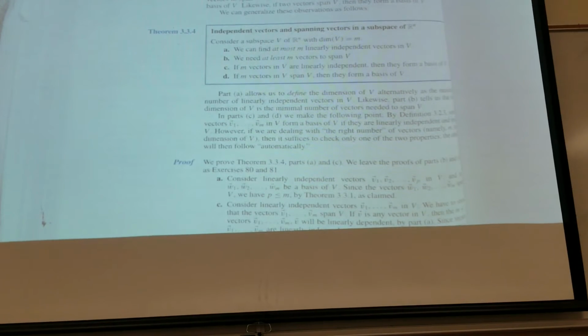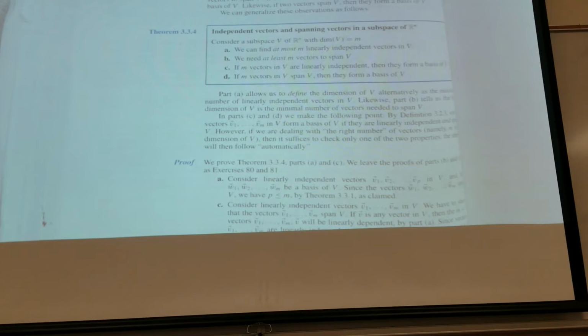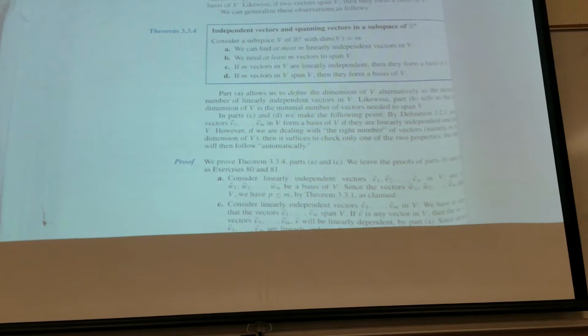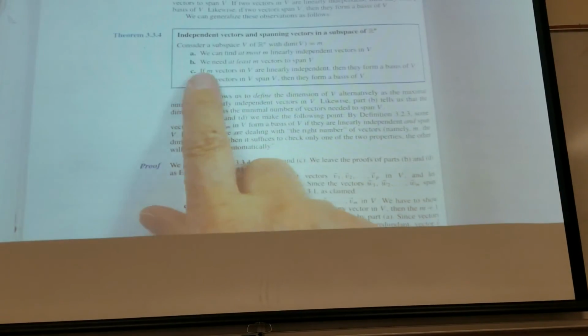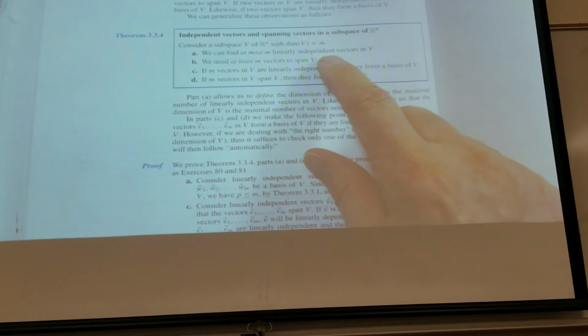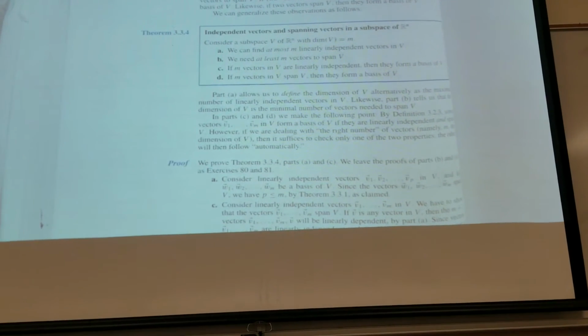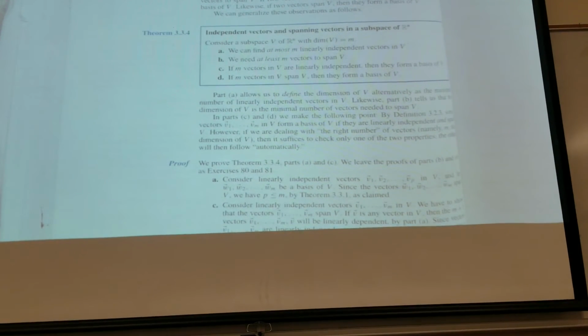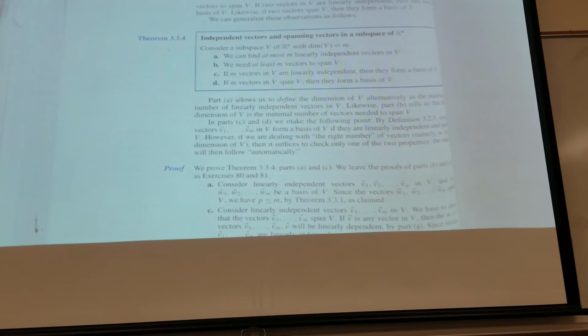Because you have one basis, these 3. You already found these 3. So the dimension will be at least 3. Okay? So that's why they say we can find at most m linearly independent vectors if the dimension is m. So if the dimension is 2, you can only find at most 2 linearly independent vectors.